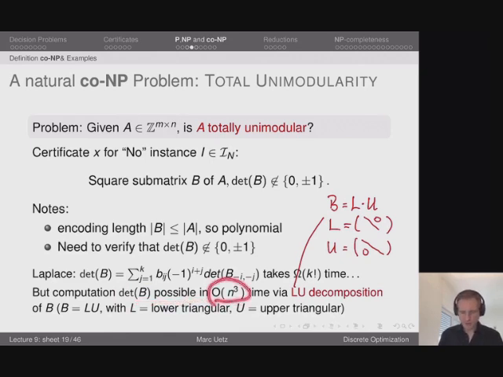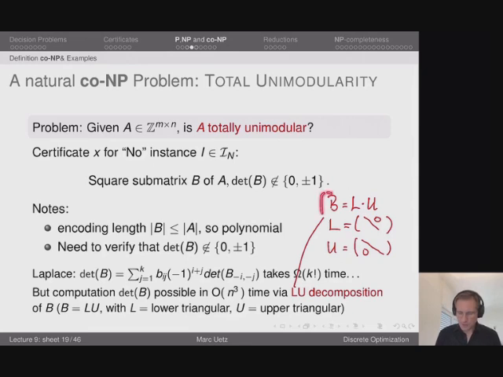So for instance, in time n to the 3, where n is the size of the square submatrix, so n times n, by using a so-called LU decomposition of the matrix B. Okay, and an LU decomposition is just a decomposition of the matrix B into two matrices L and U, where L is a lower triangular matrix which has only zeros above the diagonal, and U is an upper triangular matrix with only zeros below the diagonal, and the determinants of such matrices L and U, that is just the product of the diagonal elements.